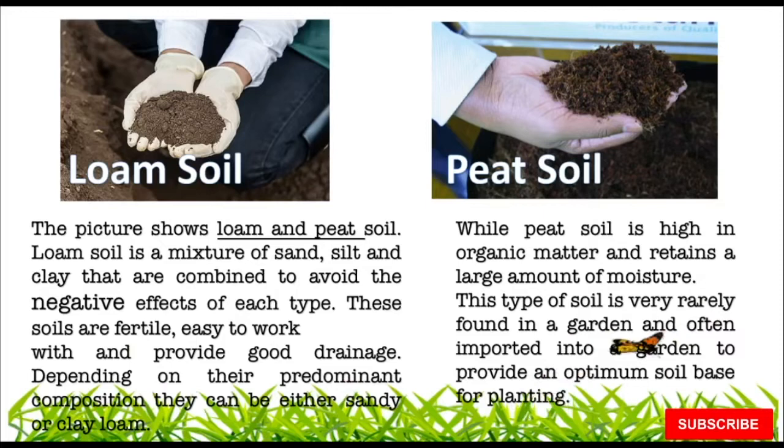These soils are fertile, easy to work, and provide good drainage depending on their predominant composition. They can be either sandy or clay loam, while peat soil is high in organic matter and retains a large amount of moisture. This type of soil is very rarely found in a garden and often imported into a garden to provide an optimum soil base for planting.